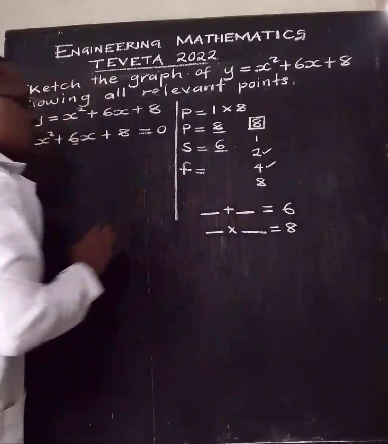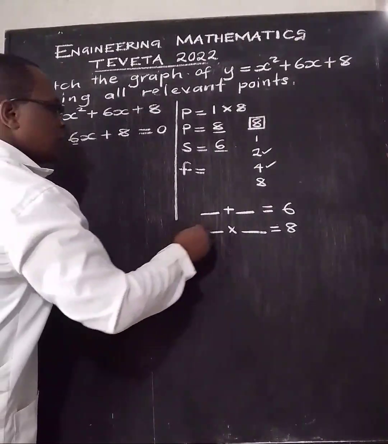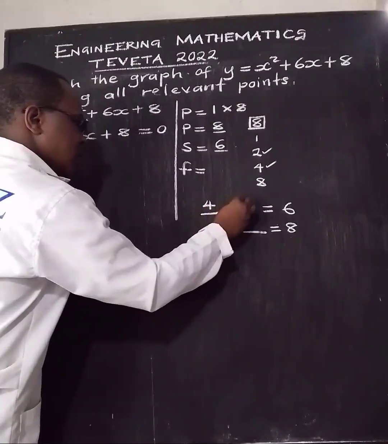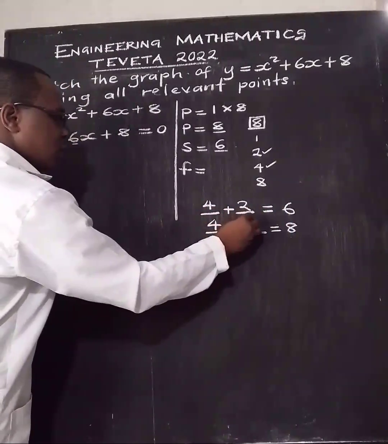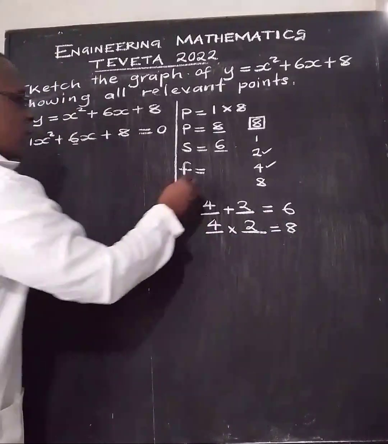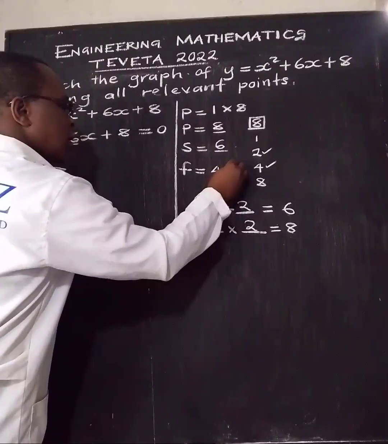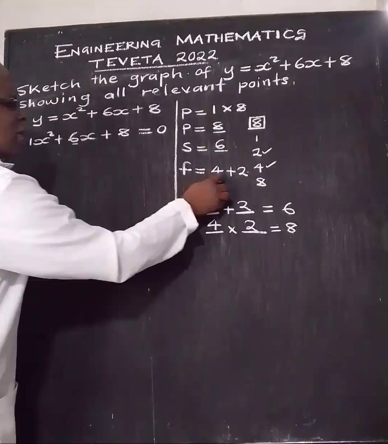Okay, so let's try. Let's add these two. 4 plus 2 gets 6. Then 4 times 2, you get 8. So these are the factors. So we have positive 4 and positive 2. Okay, so these are the factors.